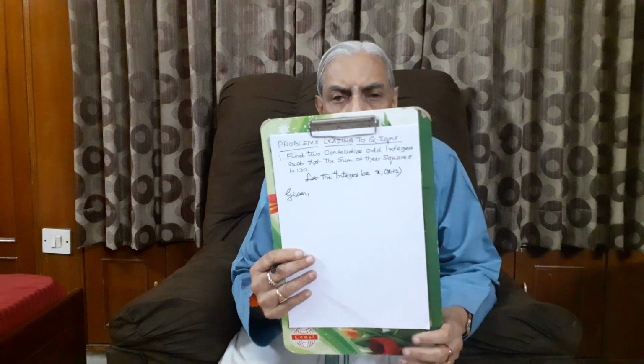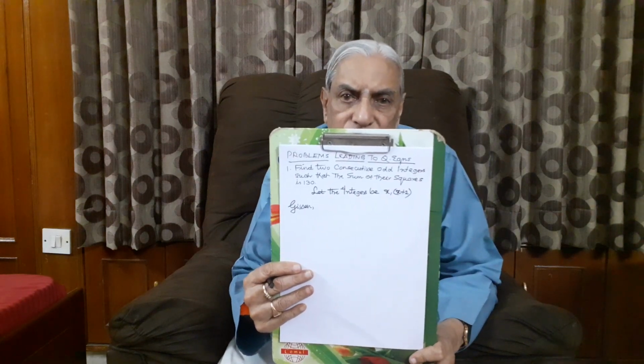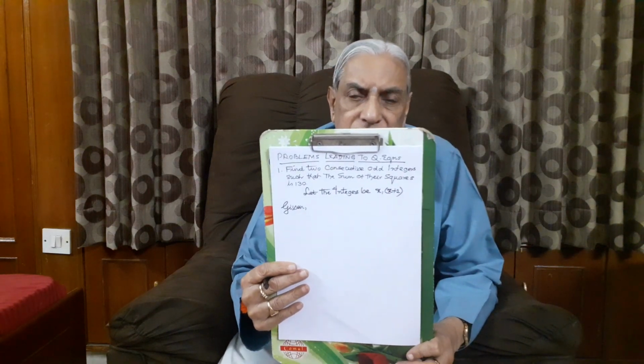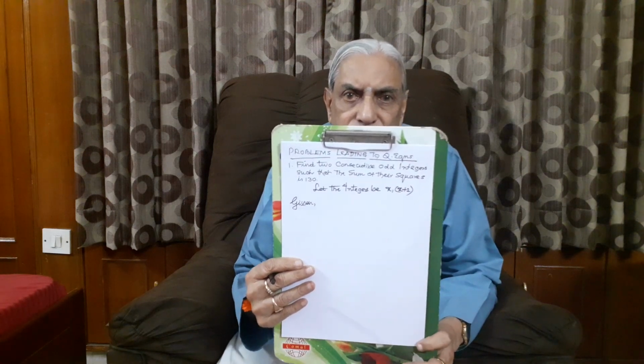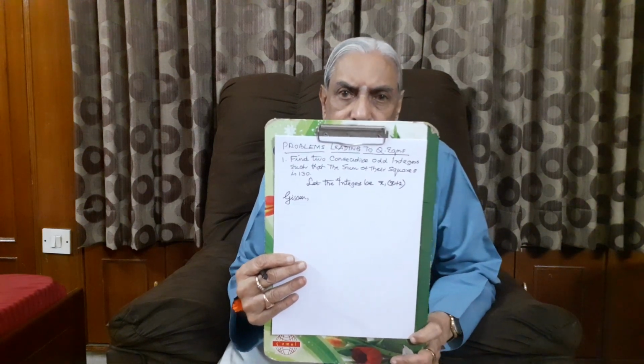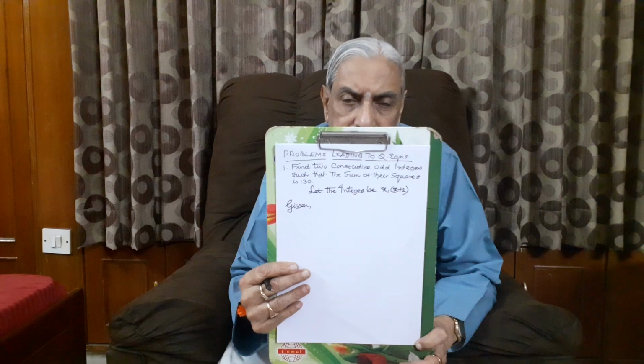Find two consecutive odd integers such that the sum of their squares is given. The first one is x squared, the next one is x plus 2 the whole square. Sum means plus.